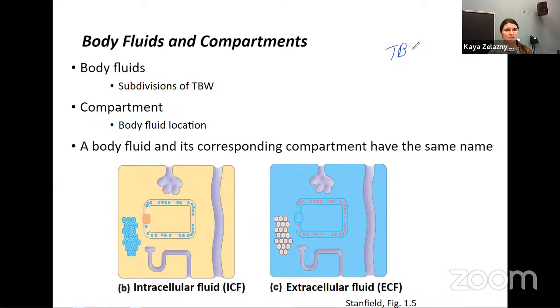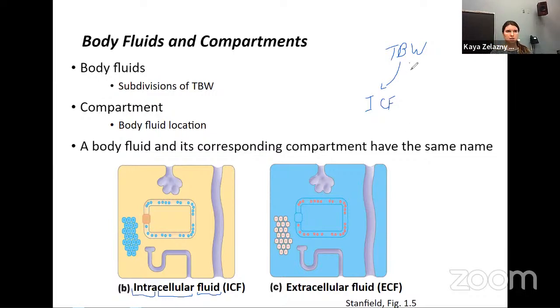So if we take total body water, we can make kind of a flow chart. Right? So we're going to first separate into intracellular fluid. So intracellular fluid, intra means inside, cellular referring to the cell. So inside the cell, and fluid because it's water, but also these various things that are dissolved in the water.